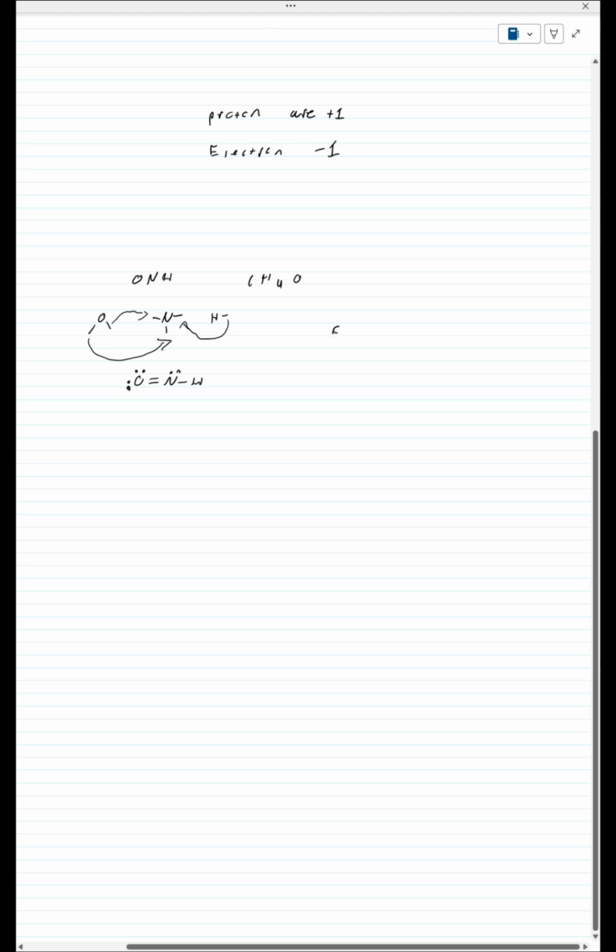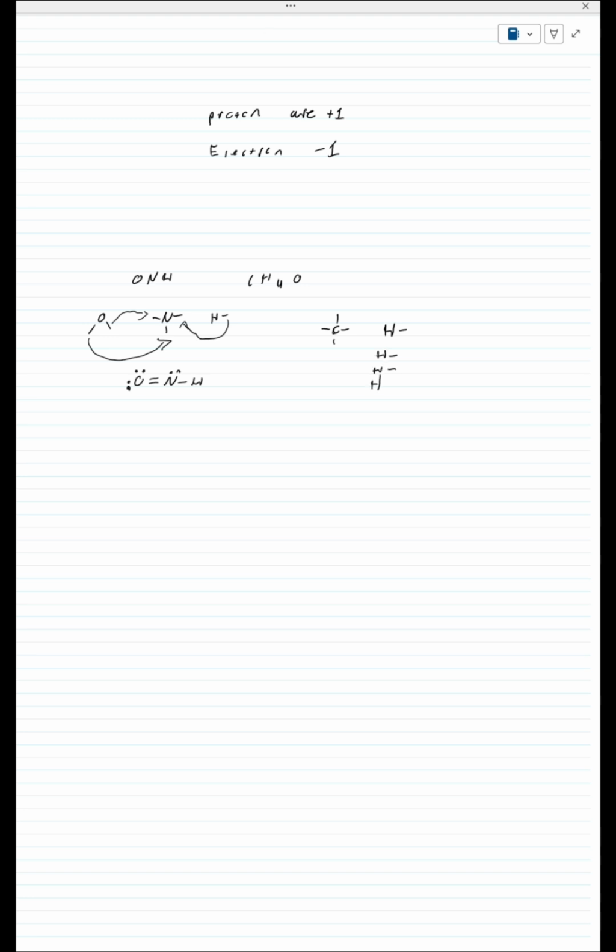Now let's look at it again. CH4O. Carbon has 4, hydrogen has 1, and there's 4 of them. And then oxygen has 2. So now, we do process of elimination. This one goes here. This one goes here. This one goes here. This one goes here. This one goes here. Oxygen is not even in the formula, so we know that can't be happening.